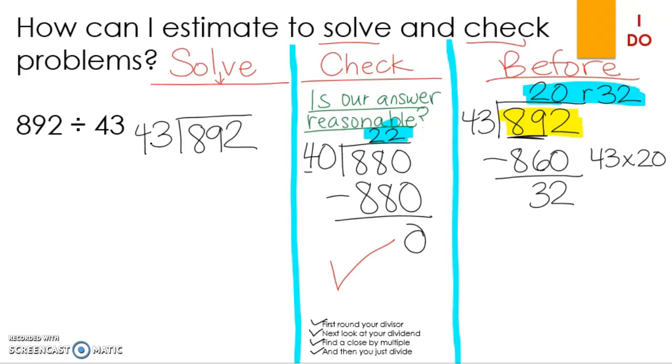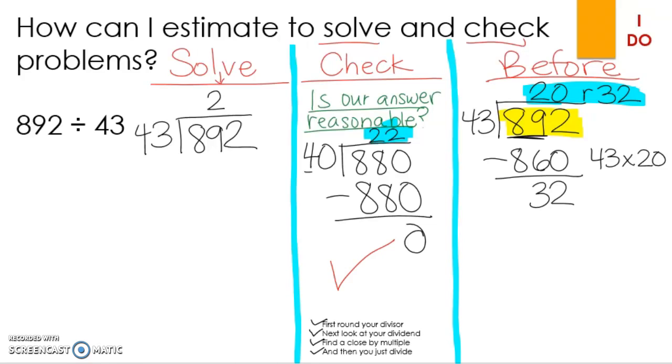So I could say, how many times do I think 43 goes into 89? Well, I would think that 43 goes into 89 2 times. Or I could say, how many times does 43 go into 892? I would say it goes in 20 times.